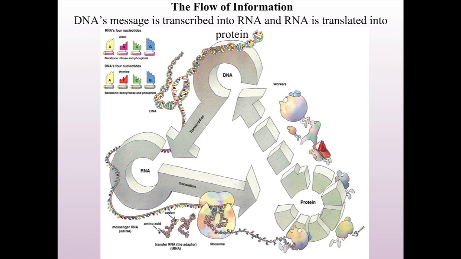But what I mean to say is that one function of life on this planet is this flow of information. It's consistent. Information by itself isn't enough. This flow from DNA to RNA to protein is pretty much consistent.